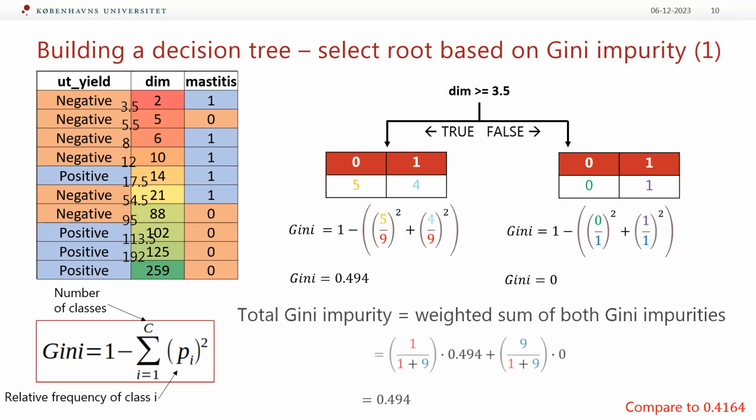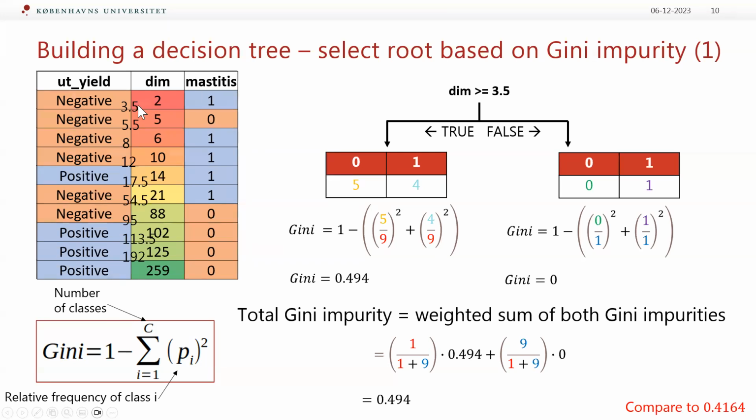And now we can again calculate the total Gini impurity as the weighted sums, and we get a value of 0.494. And we can see that this is not better than the 0.4164 that we got for the standardized forecast errors of the yields. But remember, we are not done.